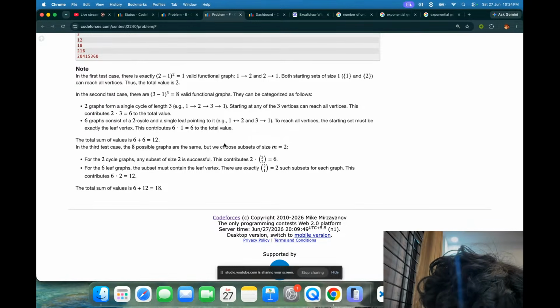If you're only looking at onto functions from this to this, we have that, let's say, somehow.